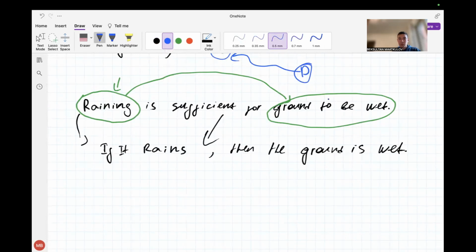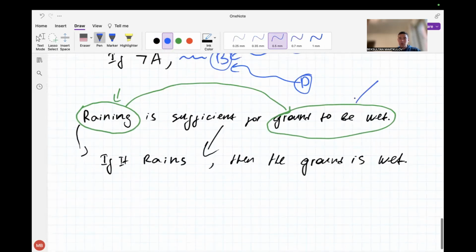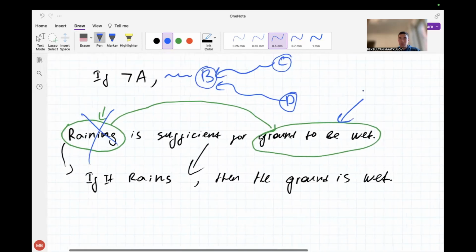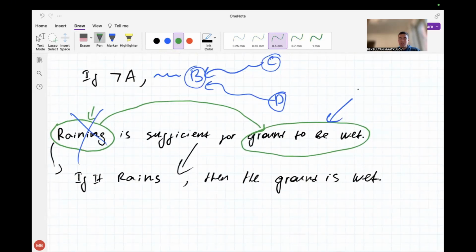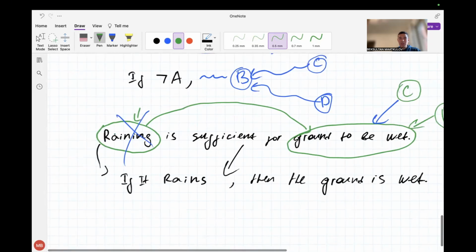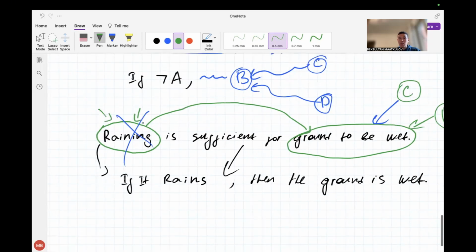Okay, but you could get to the wet ground without having a rain. There is also another way to, let's say, make the ground wet. Let's say there is another way, C, right? Or there is another way, D. Even if it's not raining, you still can have that your ground is wet, right?